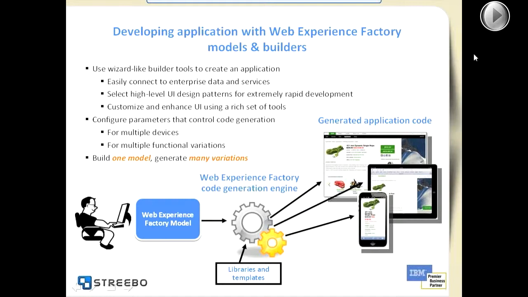And then you can customize and enhance the user interface using a whole rich set of tools that are available. Once you have the core application built, you can then configure the parameters that control code generation for multiple variations. So this lets you generate different variations for different device types, desktop and smartphone, for example, and different variations for different user groups or roles.